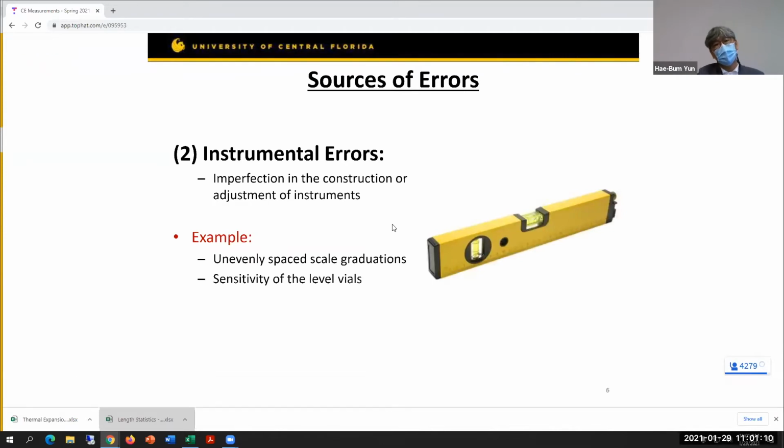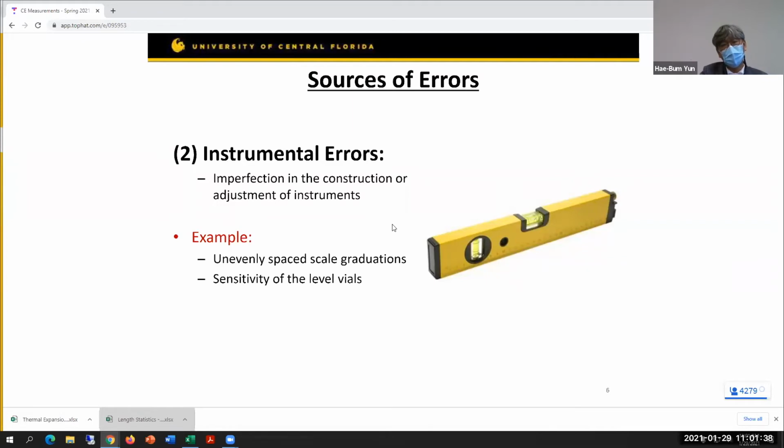The second source of error is instrumental error. I showed you different equipment, and an instrument always has its internal error. That is imperfection in the construction or adjustment of the instruments.